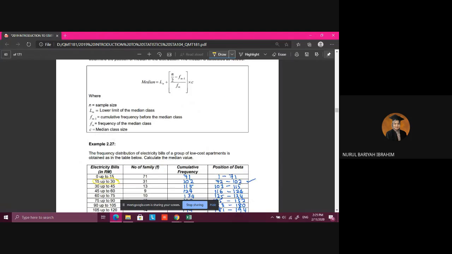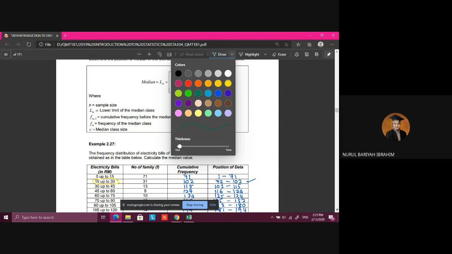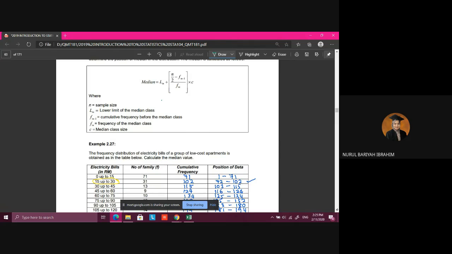Okay, Lm. What is Lm here? We know that Lm is the lower limit of the median class, so its lower limit is 15. So 15 plus n over 2, which is 194 divided by 2, minus Fm-1. Fm-1 is the cumulative frequency before the median class.